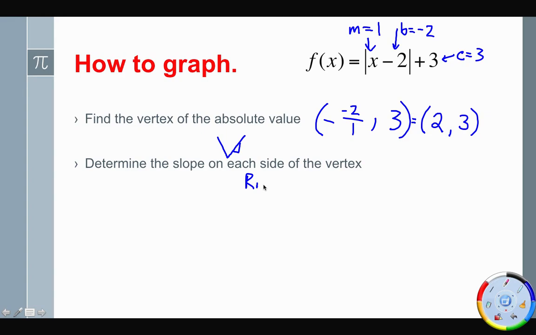So on the right, it is m equals 1. And on the left, m is going to equal negative 1. It's going to be our negative slope on the left-hand side.